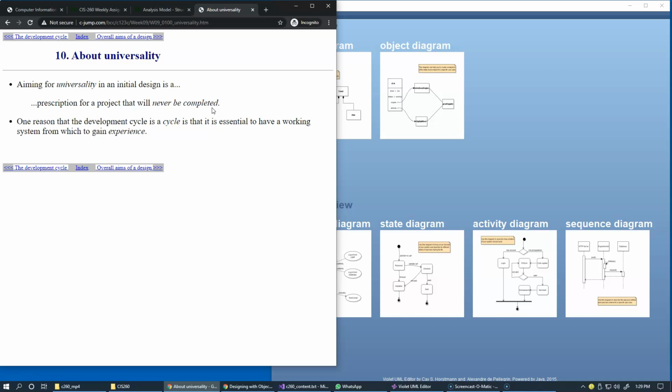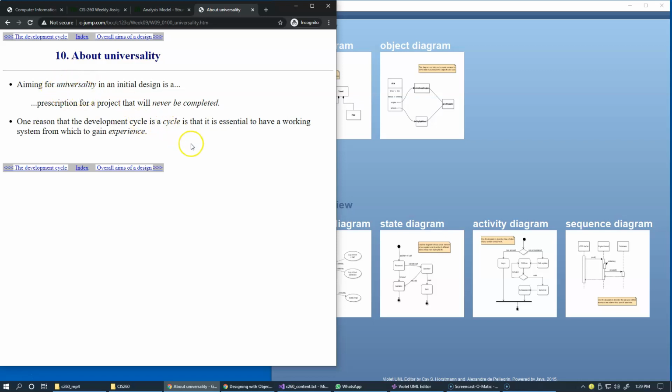We need to stick with a set of decisions which allow us to complete a set of tasks and test them, and that's real progress towards the working system. From already implemented parts, we gain new experience, and that should contribute to the next development cycle and the next design. So universality should never be the goal. It's just a set of ideals.